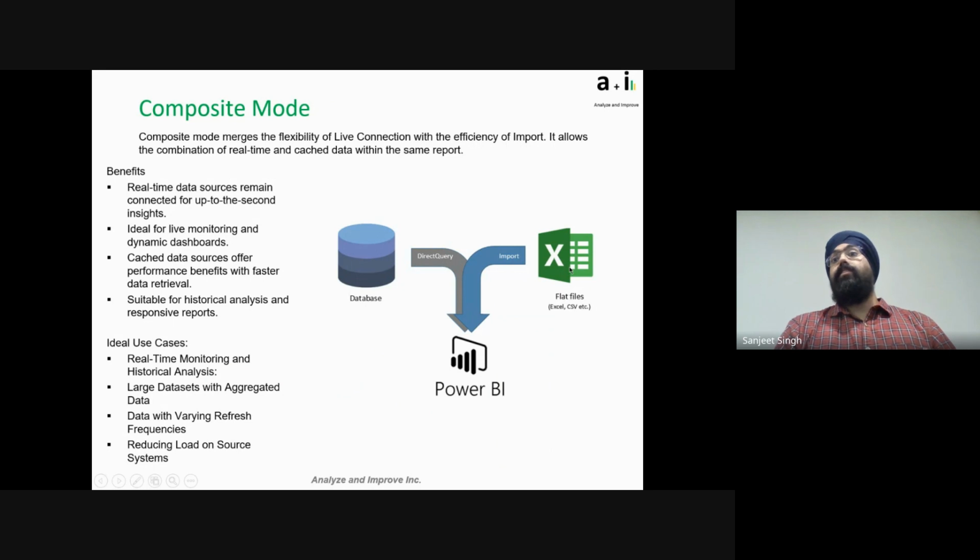However, the CSV file, the Excel file, you update once a day or twice a day, not on a real-time basis. With both, you can import and create a relationship between them and then use it in your dashboard. You can create visuals using both import and direct query data.